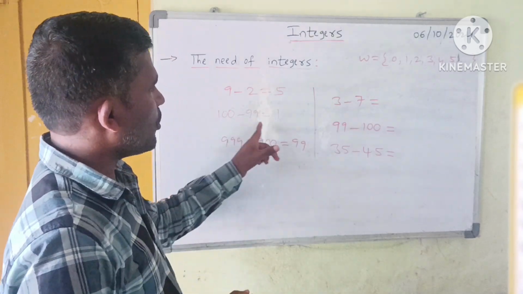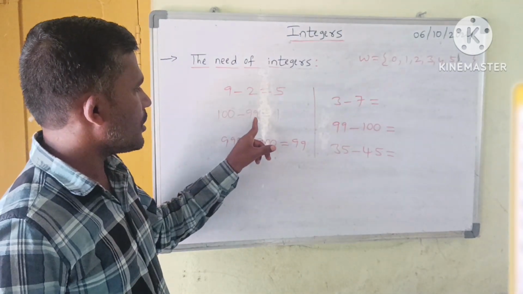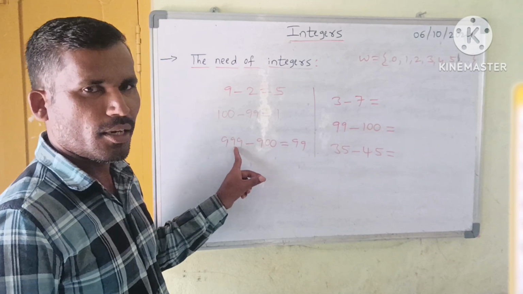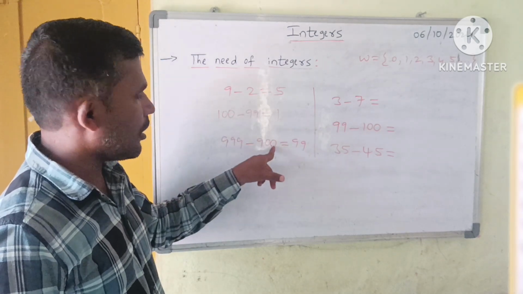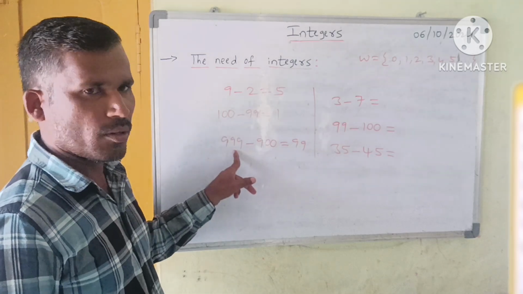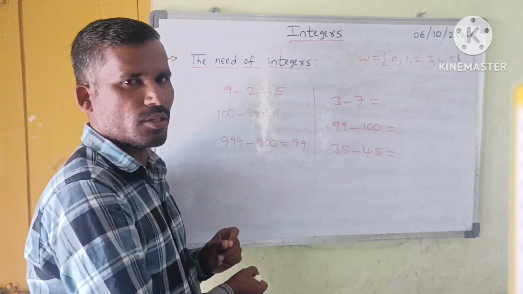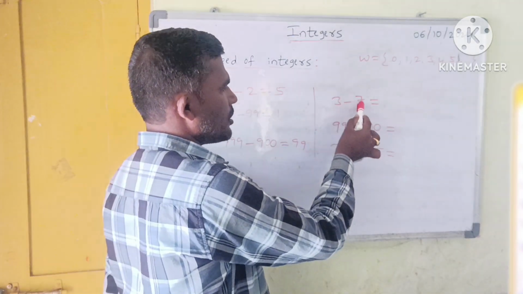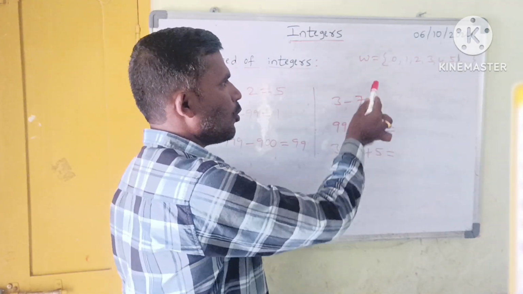Observe that in 9 minus 2, 100 minus 99, 999 minus 900, we subtracted the smaller number from the larger number and got whole numbers again. These numbers 3, 7, 99, 100, 35, 45 are also whole numbers.